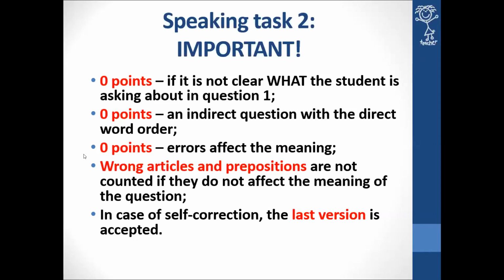So it's better to think a bit longer and then formulate a good version, rather than say 5, hoping that one of them is going to be correct, okay? So this is very, very, very important. Only the last version is going to be accepted, okay?